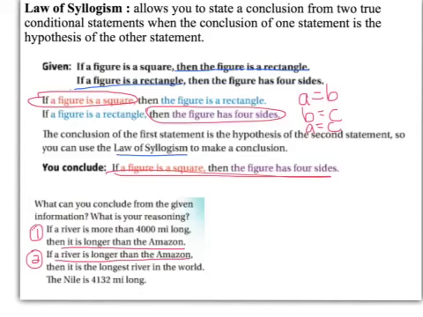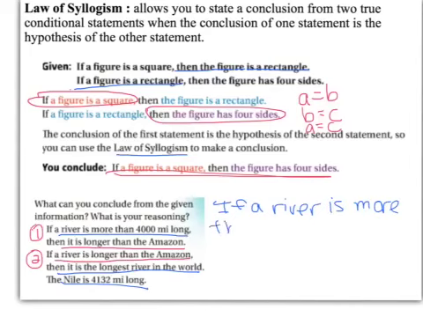So using the law of syllogism, we can take the hypothesis from the first and attach it to the conclusion of the second, since they share a common simple statement as the conclusion of the first and the hypothesis of the second. So what we can conclude is that if a river is more than 4,000 miles long, then it is the longest river in the world.